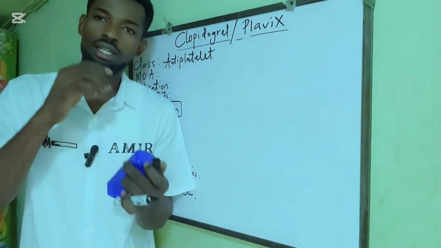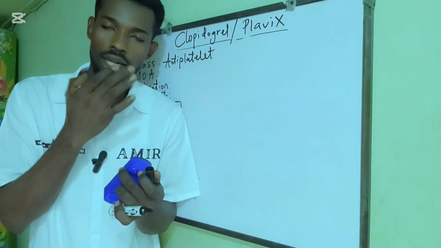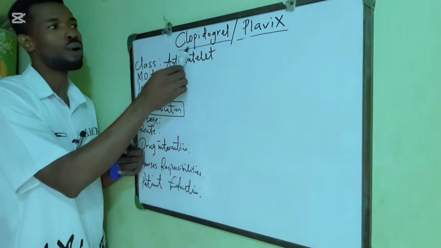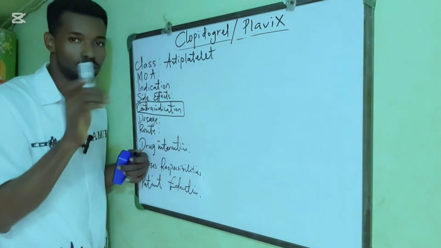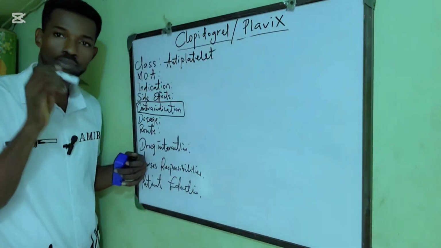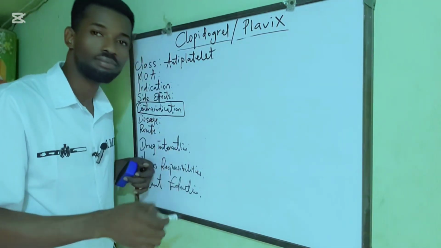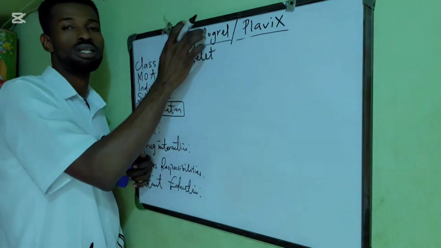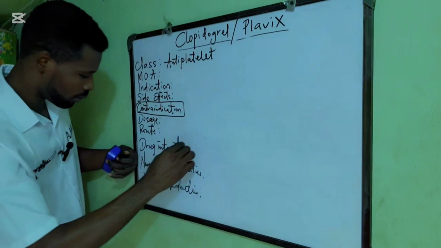If you are taking a proton pump inhibitor like omeprazole, please, you don't need to co-administer it with clopidogrel. You don't have to do that. If you're taking an NSAID, ibuprofen, diclofenac, you don't need to co-administer it with clopidogrel. That is for the drug interaction.